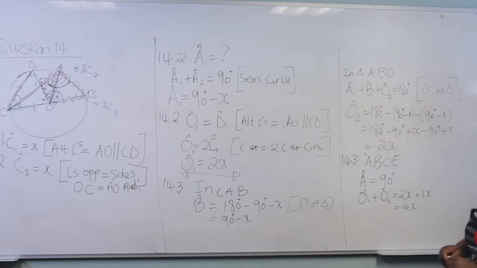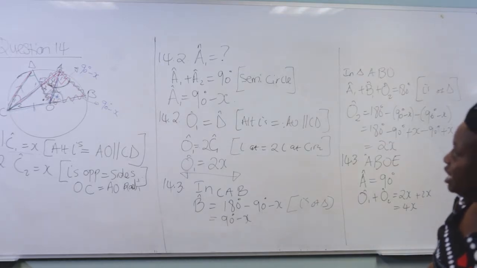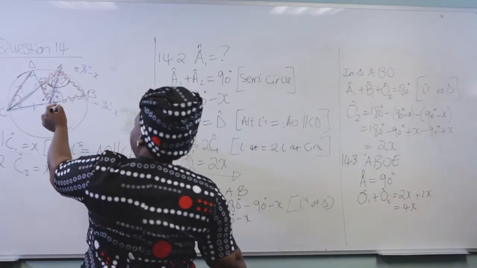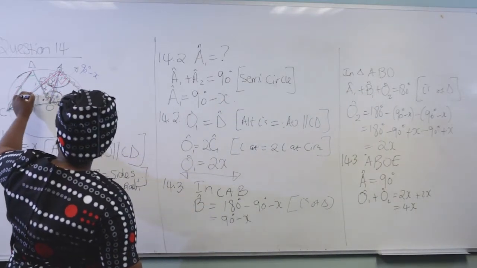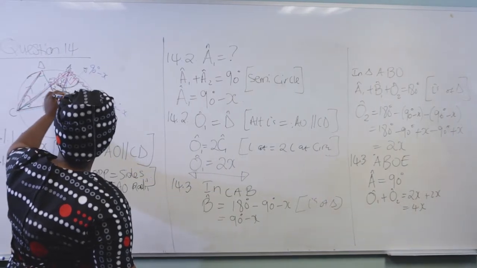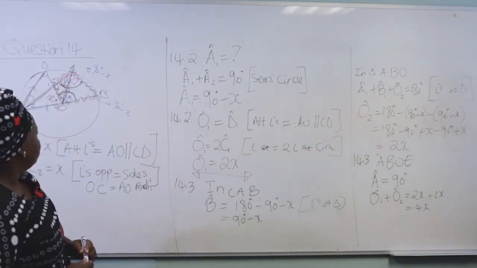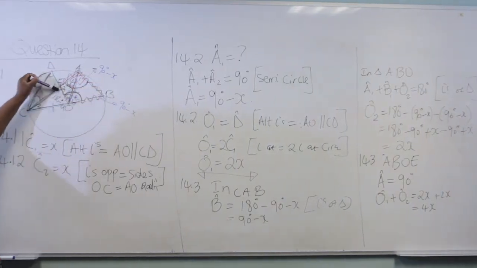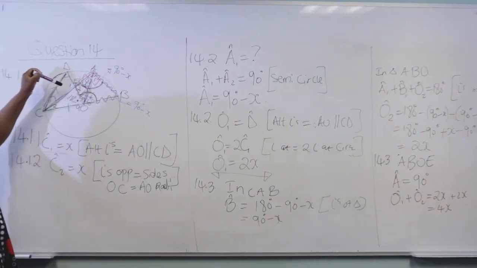And how can we represent this to be 90? In this case, it's not really what we are looking for. If this is 2x, this angle there will be 180 degrees minus 2x, because that is the angle we are talking about. Okay. If this angle there plus this angle here gives us 180, then we have a cyclic quadrilateral.